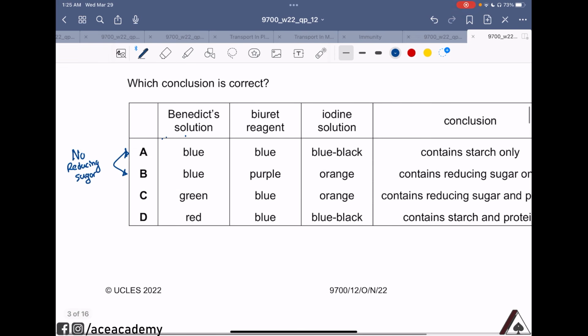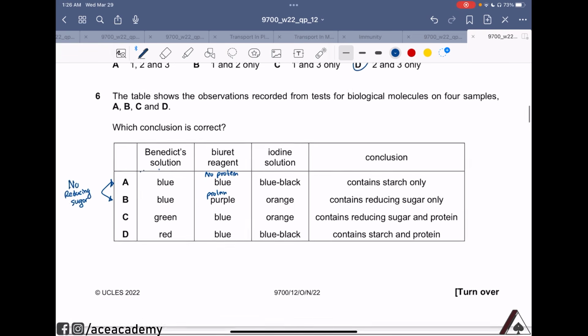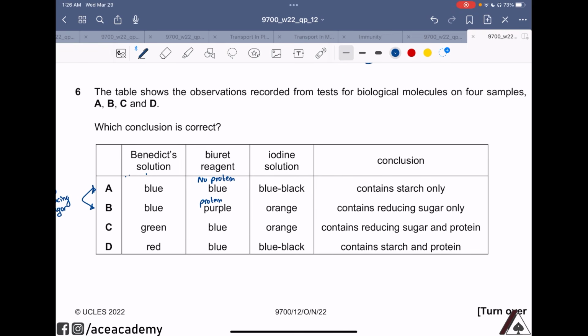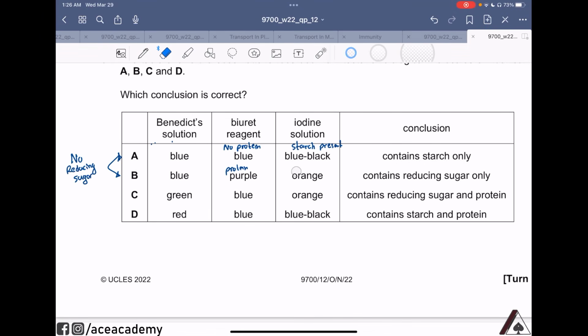Now, biuret reagent. It's blue and its initial color was blue as well, so no protein present in A, while protein is present in B because the color changes from blue to purple. Iodine. The color changes from orange to blue-black, so starch is definitely present, and starch is absent in these two.